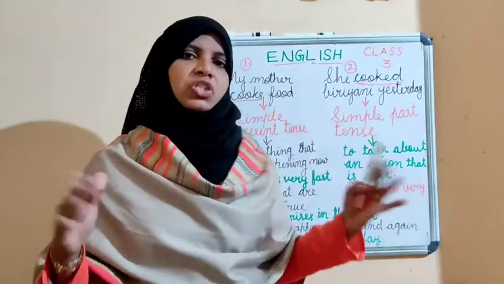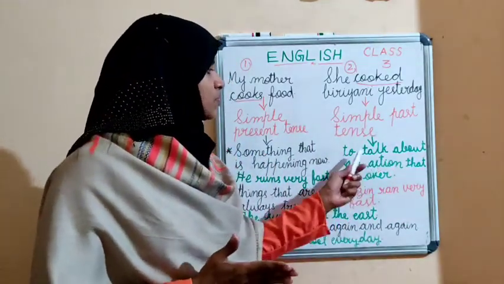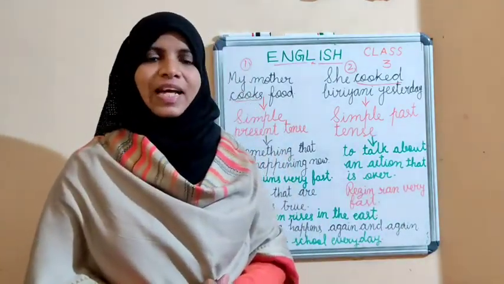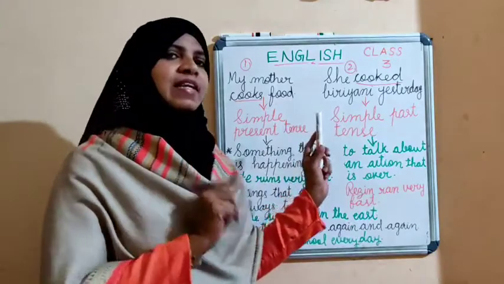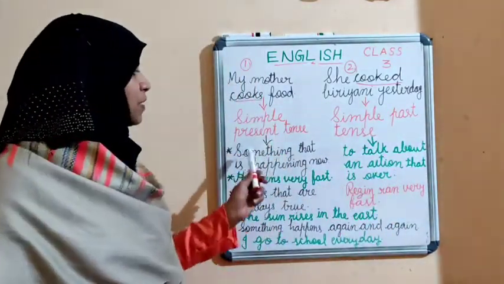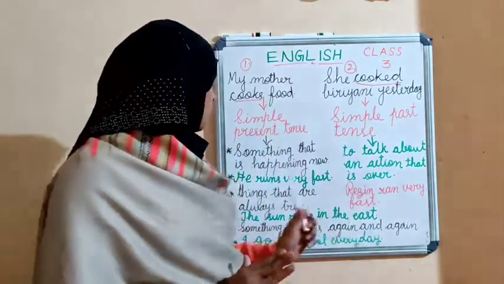Past. It's finished. Over. Any action that is over, that is finished. That time we can say that the sentence is in the simple past tense. And simple present tense, something that is happening now.